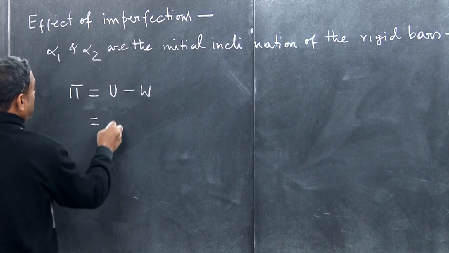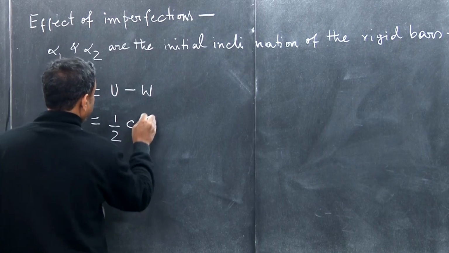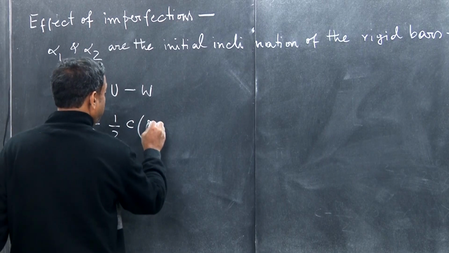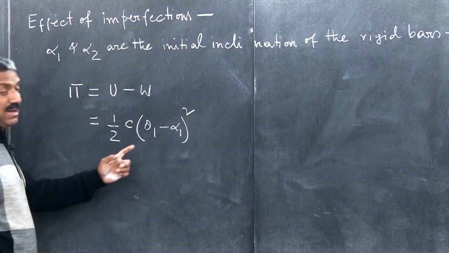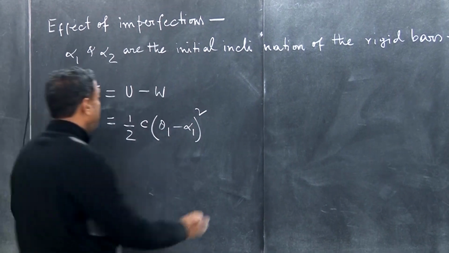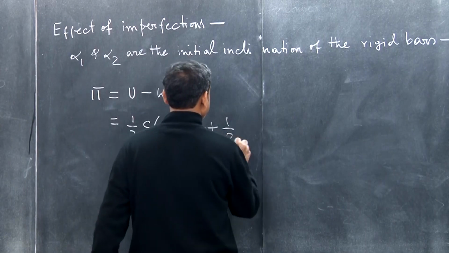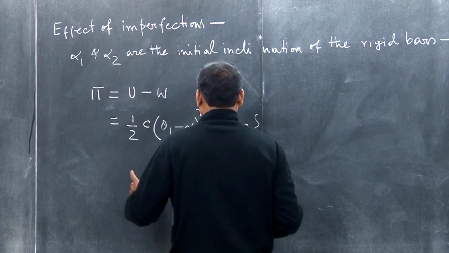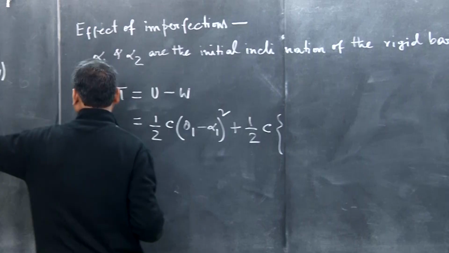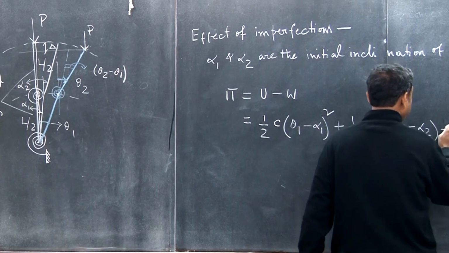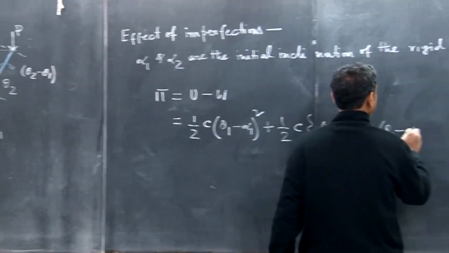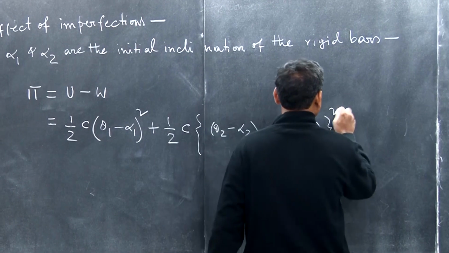Strain energy will be half c theta 1, fine, but earlier it was having alpha 1 imperfection. So the relative rotation is theta 1 minus alpha 1, squared, plus half c, and here theta 2 also has imperfection, so theta 2 minus alpha 2 minus theta 1 minus alpha 1, squared.